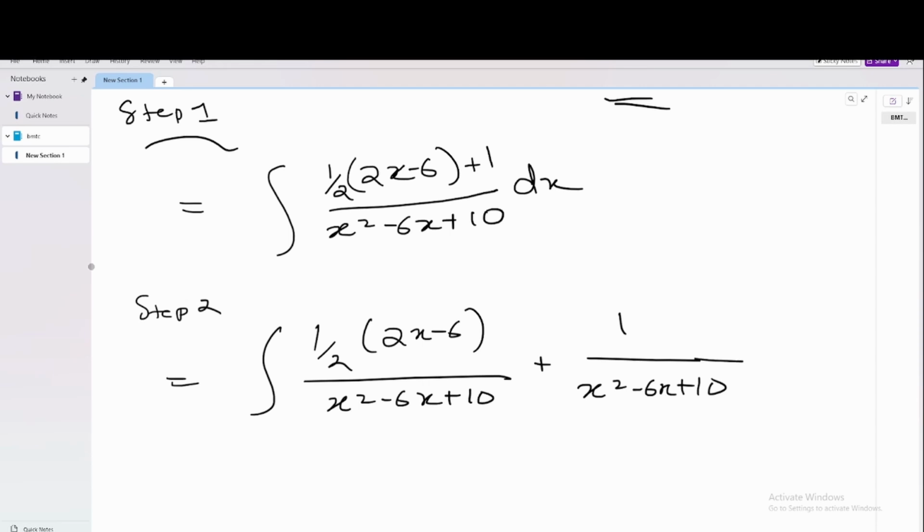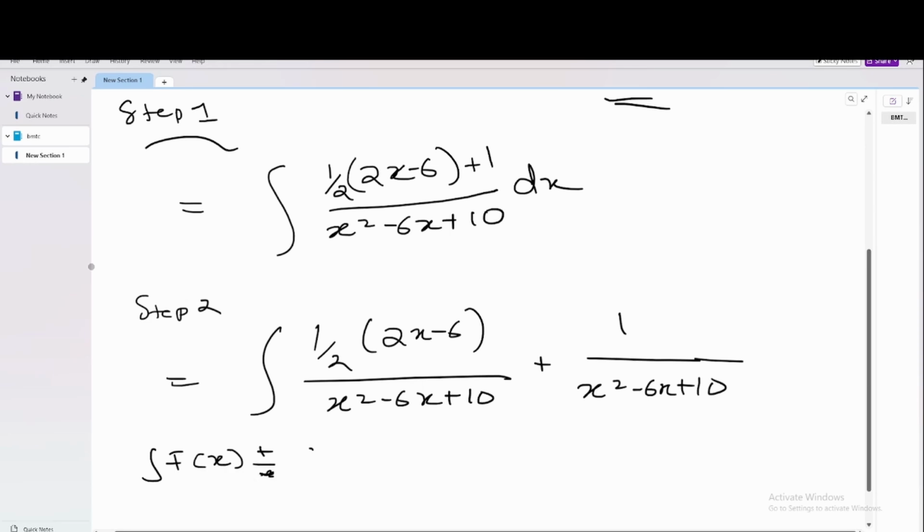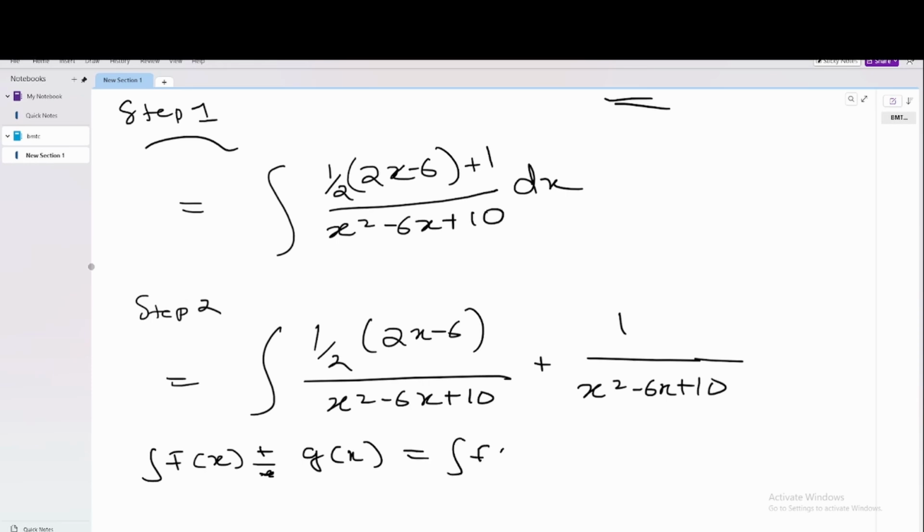So by the rule, integral of f of x plus g of x is equal to the sum of the integrals, it is a property of integral.